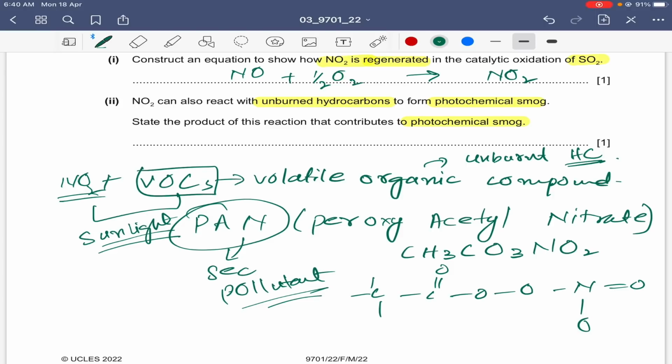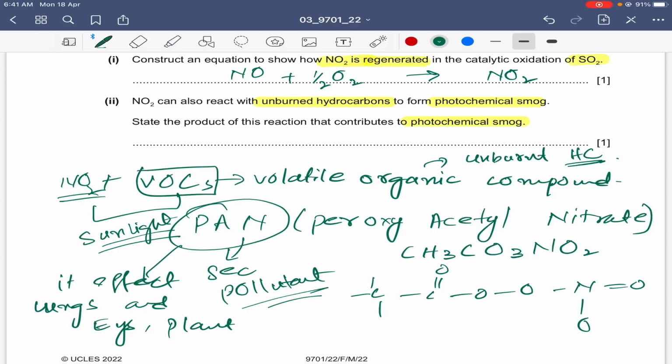The major harmful effect of this peroxyacetyl nitrate is that it affects lungs and eyes, and also affects plant life, right? So state the product of this reaction that contributes to photochemical smog. So the product is PAN, peroxyacetyl nitrate.